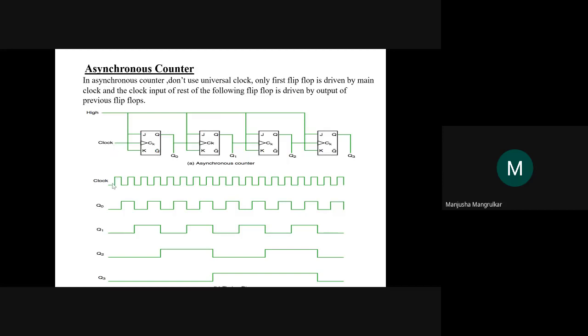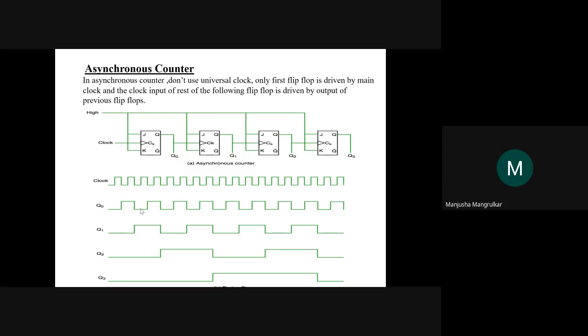Now, when the clock is given, at the negative edge of the clock, your Q0 will be high for this clock pulse, right? Now this Q0 signal is the clock of the Q1 output, right?